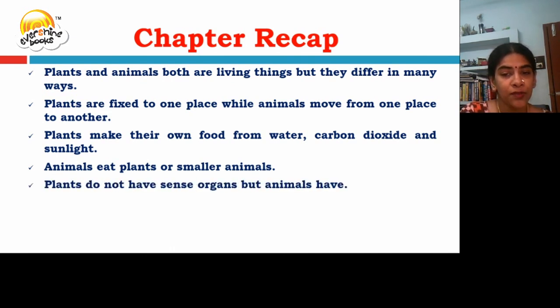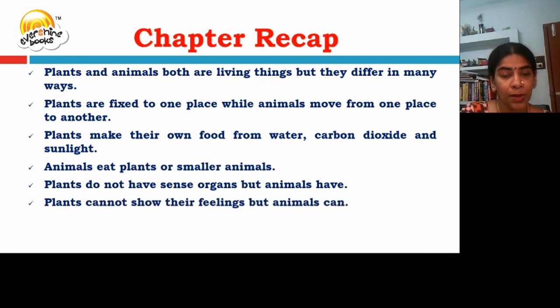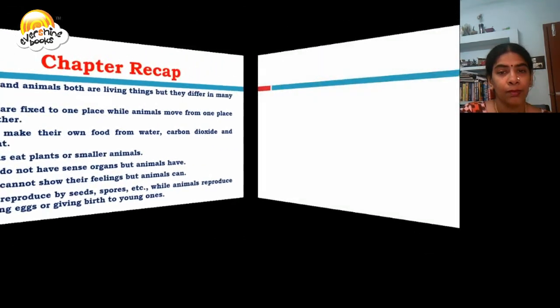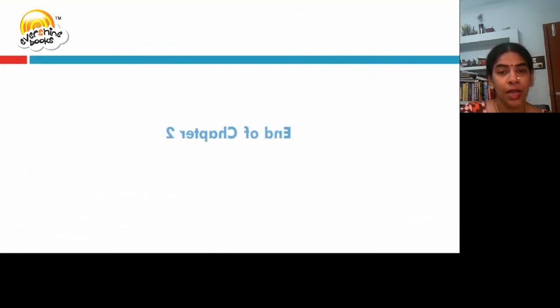Plants do not have sense organs while animals do. Plants cannot show their feelings, but animals can. Plants reproduce by seeds, spores, etc., while animals reproduce by laying eggs or giving birth to young ones. This ends the chapter.